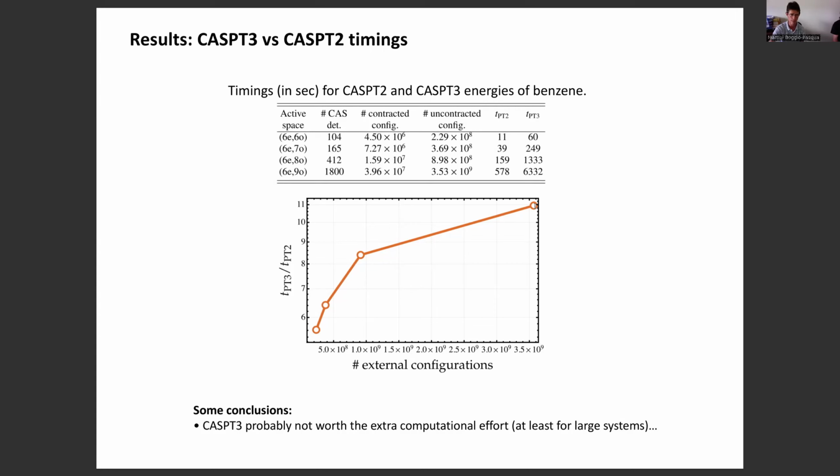Which means that CASPT3 becomes rapidly unfeasible for large active spaces. And considering what we just said before, for the larger systems where CASPT3 doesn't improve much the result compared to CASPT2, it's probably not worth the extra computational effort, at least for these large systems.